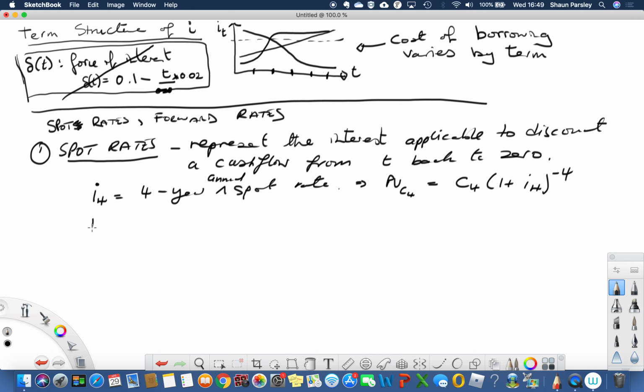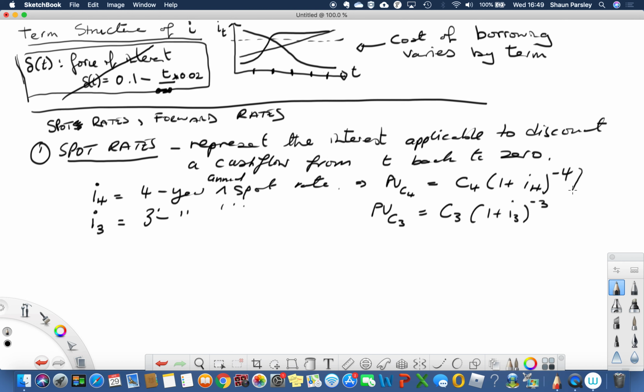So then say we have a 3-year one. So I'm just going to put 3. So that is the present value of a cash flow at 3 years. Now, you can see these things aren't necessarily linked together. You can have one which is much higher than the other.